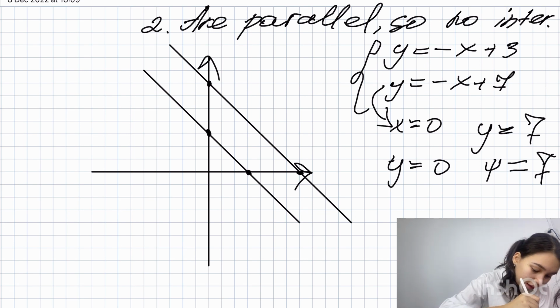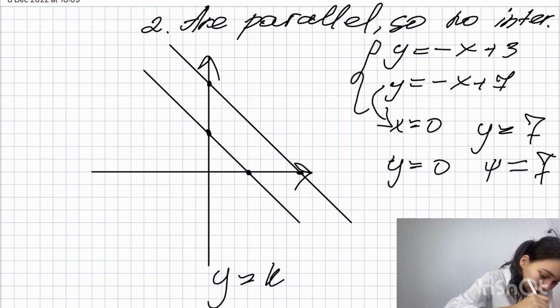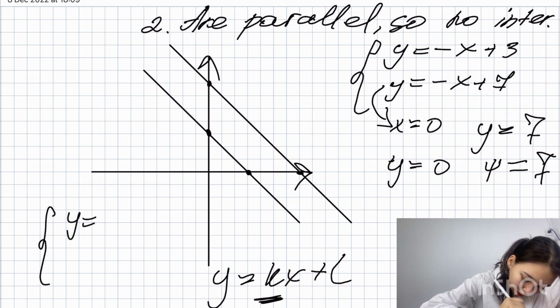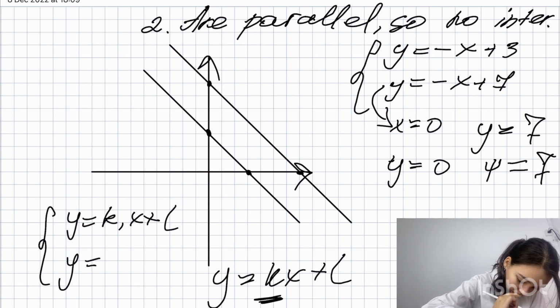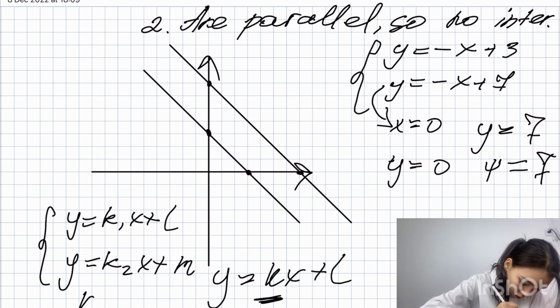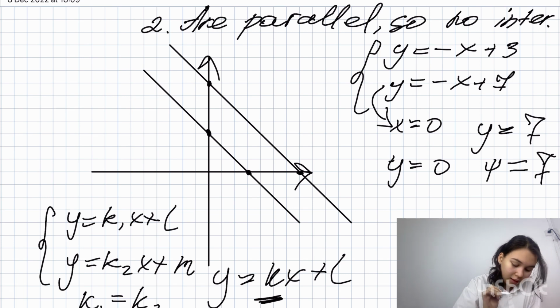You know that the standard form is kx plus l. So we have y is equal to k1x plus l, and y is equal to k2x plus, for example, m. And when k1 is equal to k2, the lines will be parallel.